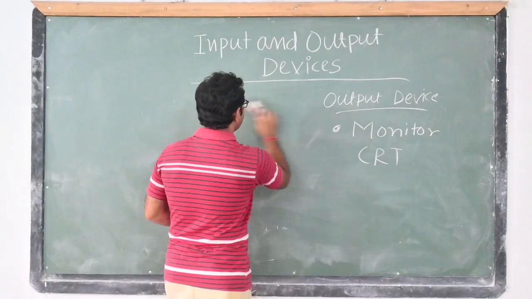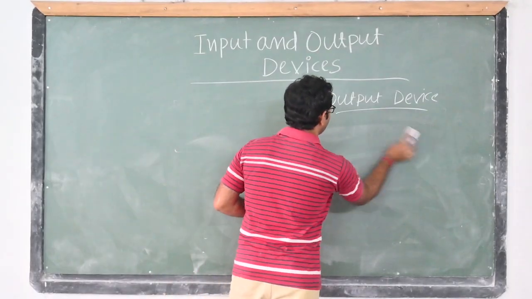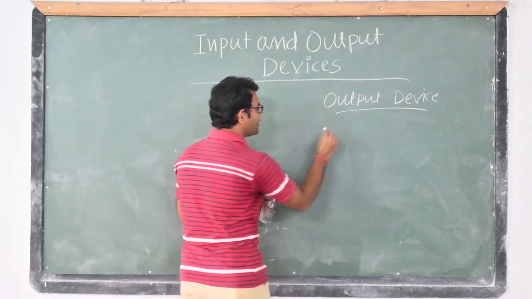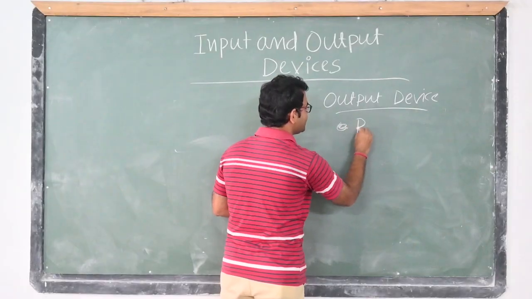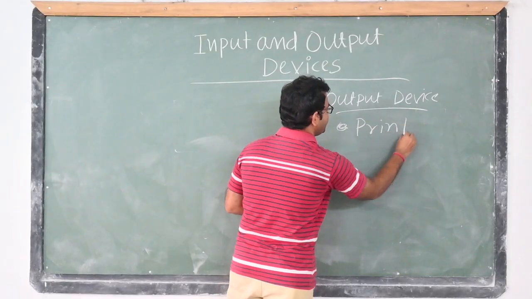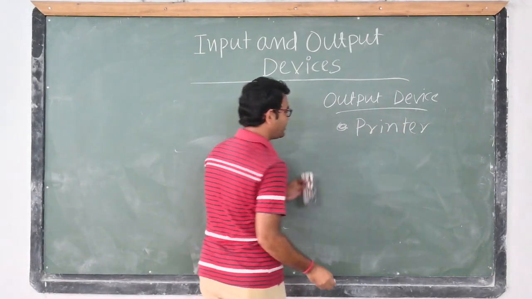Now, one of the most important output devices we use is the printer. There are three kinds of printers basically used.